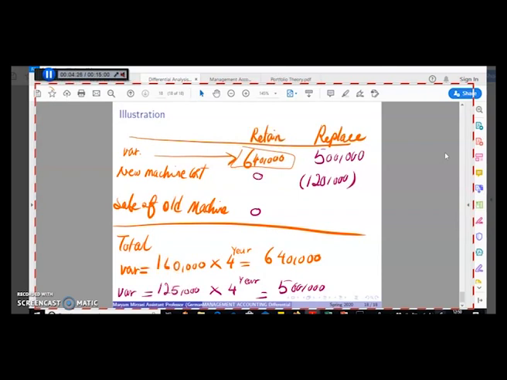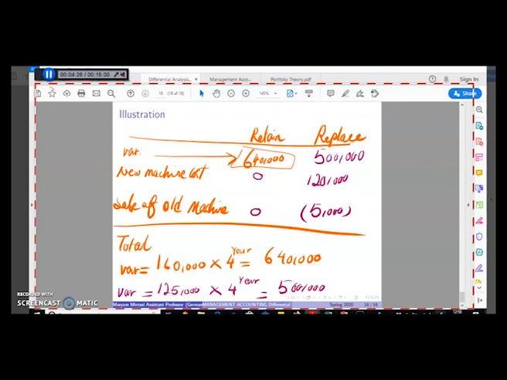And the other thing is, if I sell the old machine, I will receive 5,000, so it's not a cost, in fact it will be income. I will show it as negative in this case because it's not a cost, it is profit in fact.